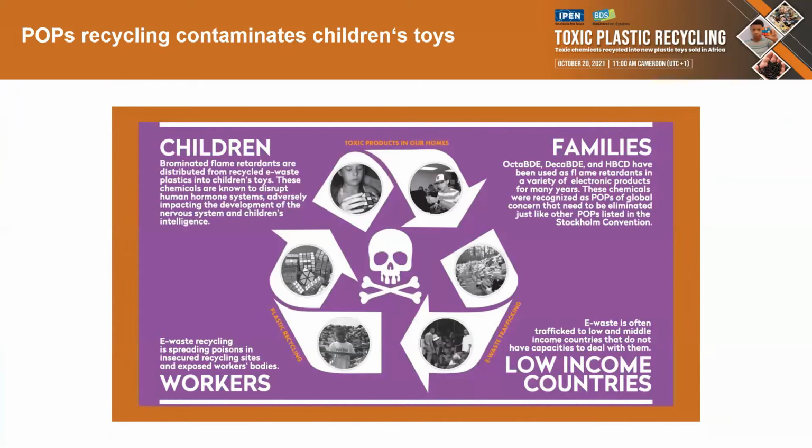Our story began in the 70s of the 20th century, but unfortunately, brominated flame retardants continue to circulate in our environment and our new products as a result of toxic recycling until today.